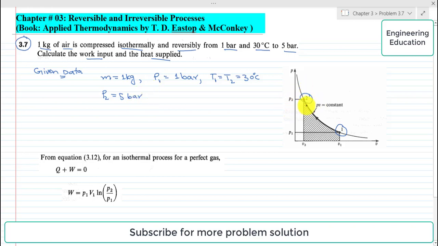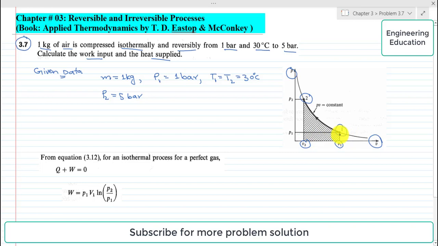This is the PV diagram for this isothermal compression from 1 to 2. The direction of arrow is upward. We see that the specific volume or volume of the air decreases.